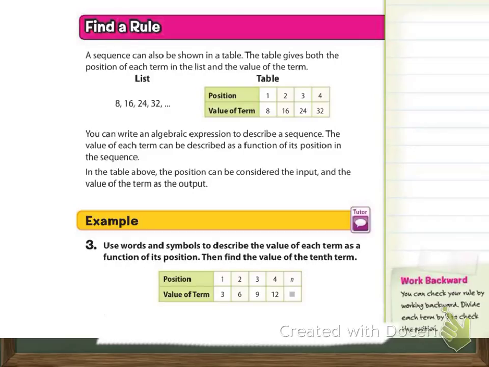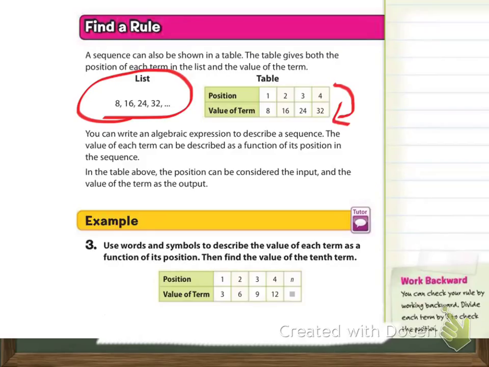Okay, I also wanted to go back. We went over this in class today, your quick check 8.2. So I went back to finding a rule when you had the position number listed in the table. Okay, it's a little different from when you are trying to find the sequence in a list of numbers. So a sequence can be shown in a table. The table gives you the position number in relation to the value.